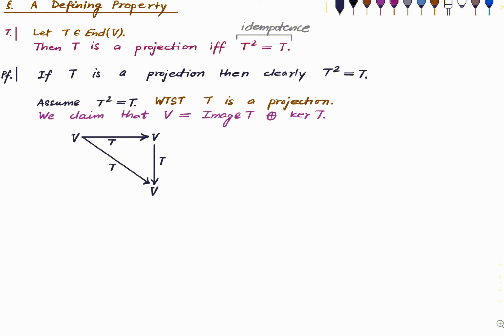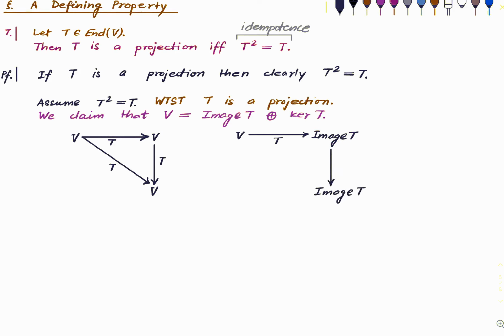One can get another diagram by just restricting that map to the image of T. So this map, by slight abuse of notation, I will continue to write as T. It's the same map as the previous one, except that we have restricted the target. And from here we go to the image of T again.